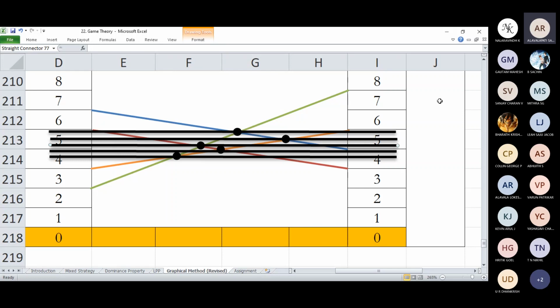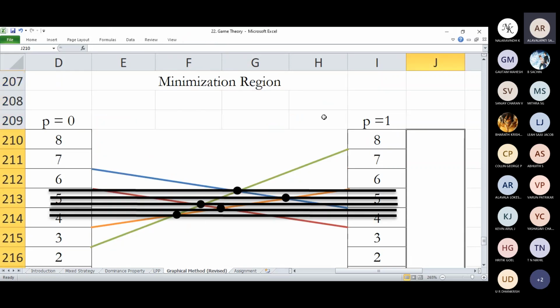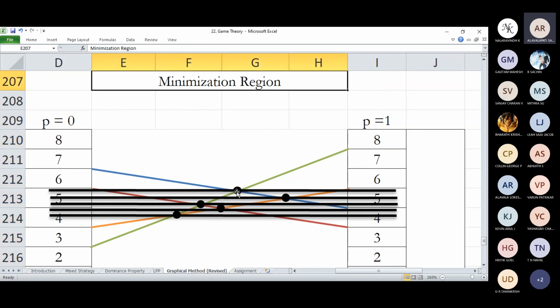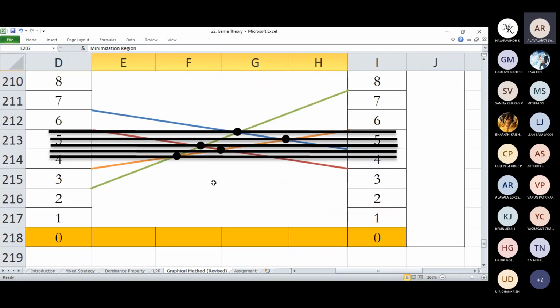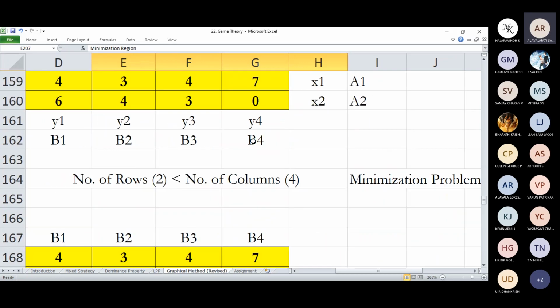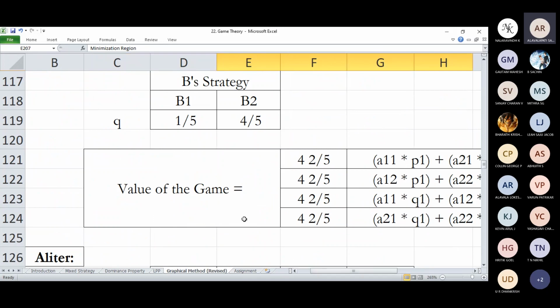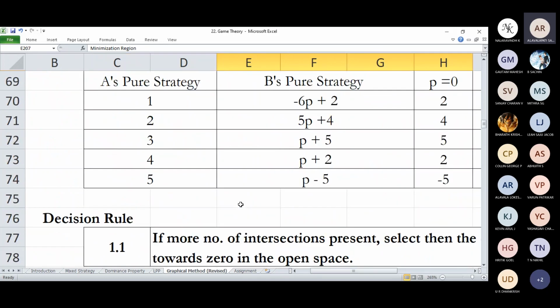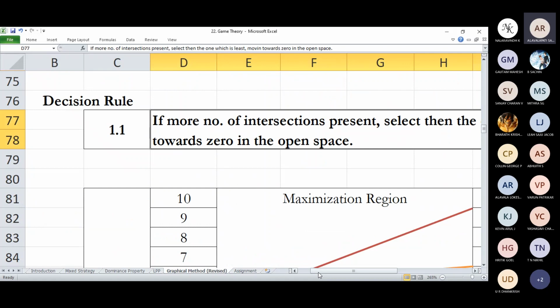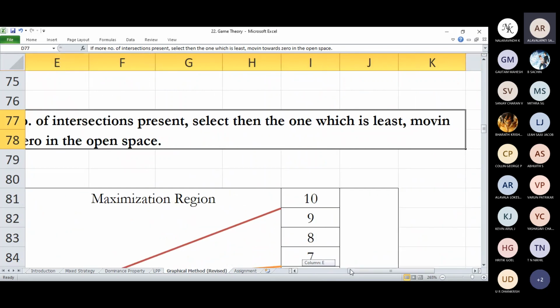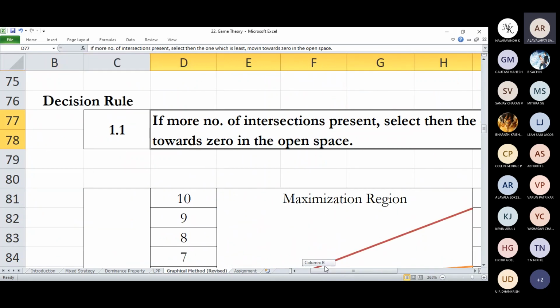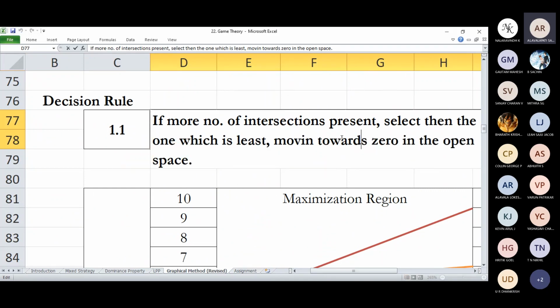But one thing is that in a minimization region, we'll be taking the points that are probably, you know, towards the... in the maximization we consider a problem, I can see the decision row in number of intersections there, and select the one which is least moving towards 0 in the open space or in a maximization space.